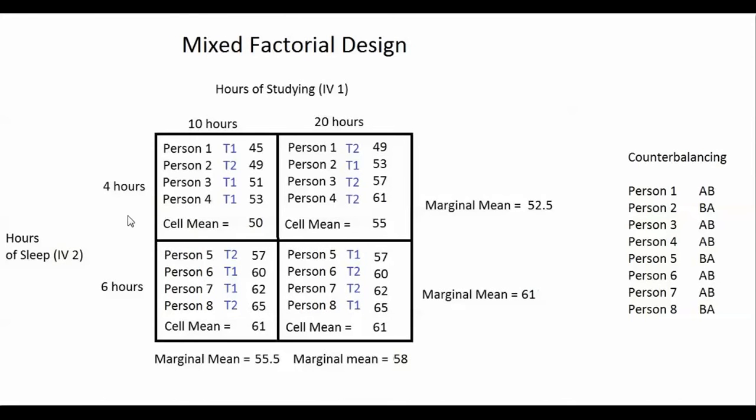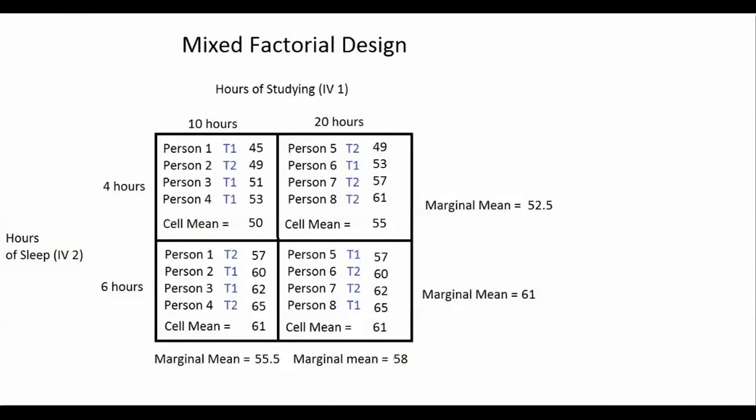So each participant took the test 2 times, one time with 10 hours of studying and one time with 20 hours of studying, but half of them did 10 hours first and 20 hours second. The other half did 20 hours first and 10 hours second. But all of these participants in the top row slept 4 hours at time 1 and 4 hours at time 2. Each of these 4 participants slept 6 hours at time 1 and 6 hours at time 2.